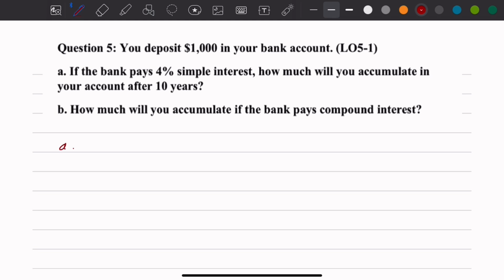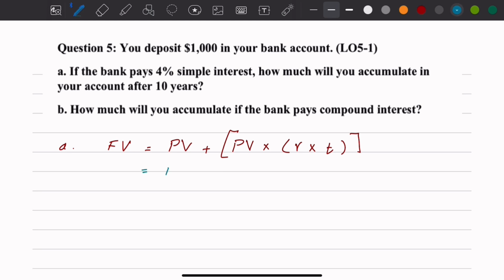Part A, we could say that the future value is going to be the present value, which is the principal here, the 1,000, plus the present value itself multiplied by the interest rate multiplied by the number of years. Okay, so we could find our answer this way.